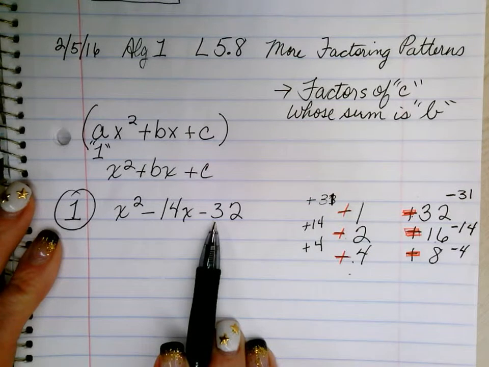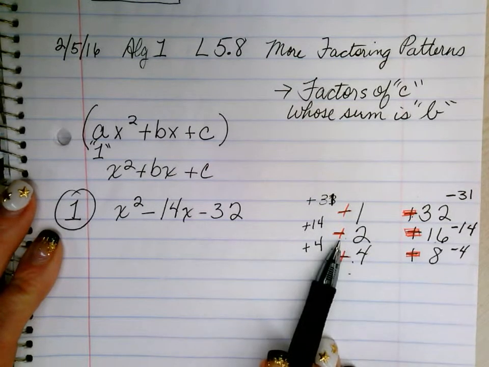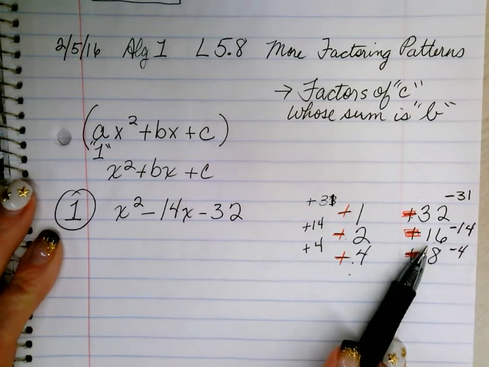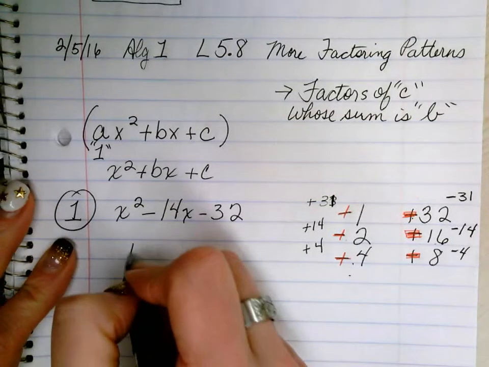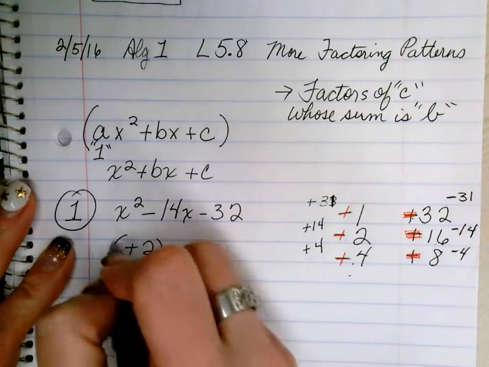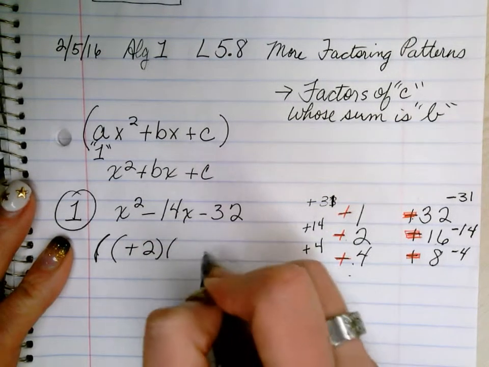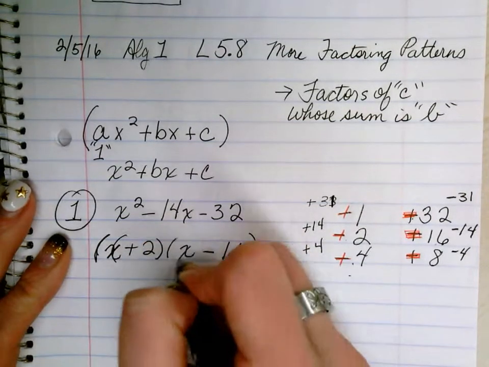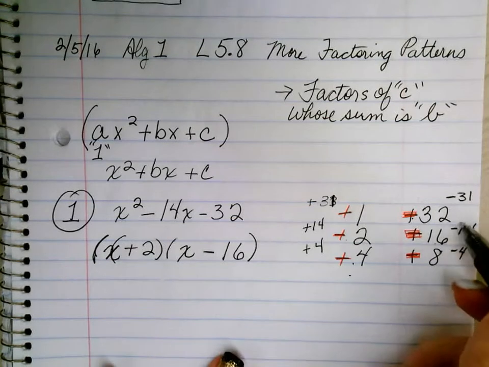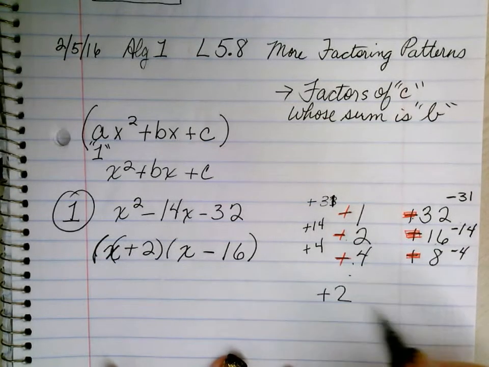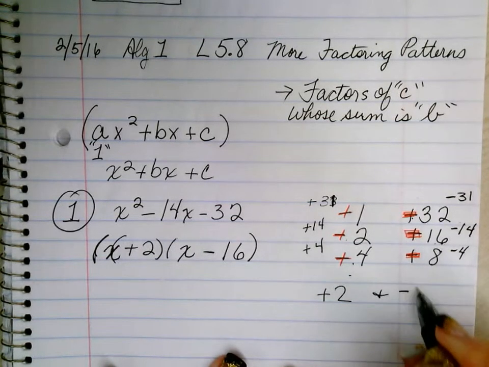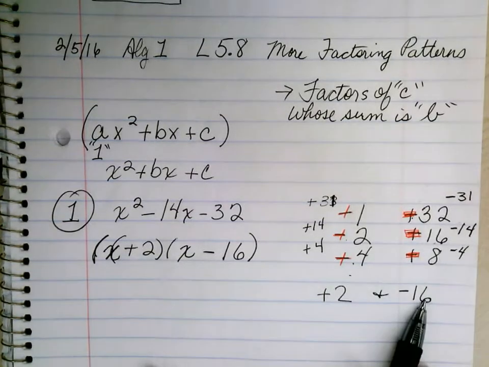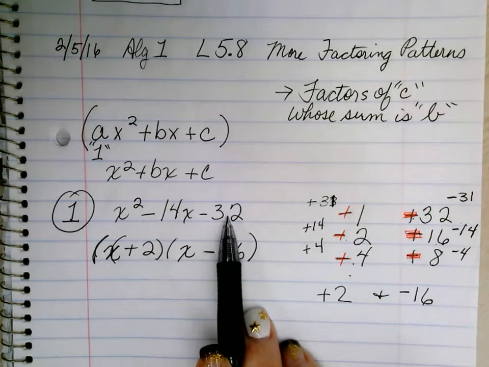It looks to me like positive 2 and negative 16 are going to be a good fit. Positive 2, oops, and negative 16. X, X. Okay? I have determined that positive 2 and negative 16, when multiplied, do give me 32.